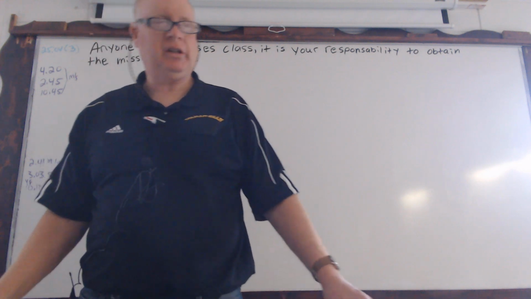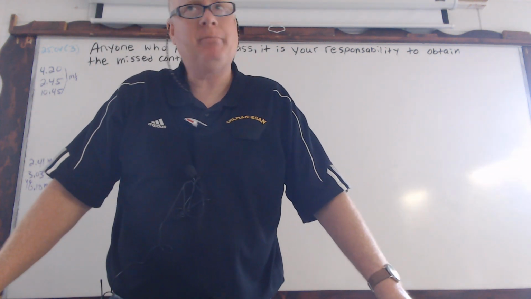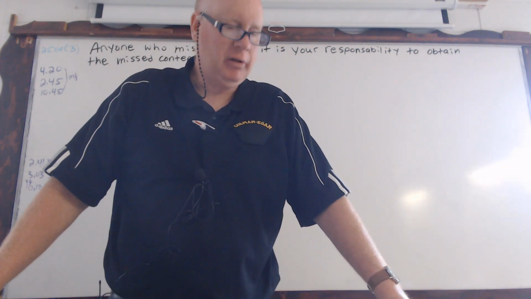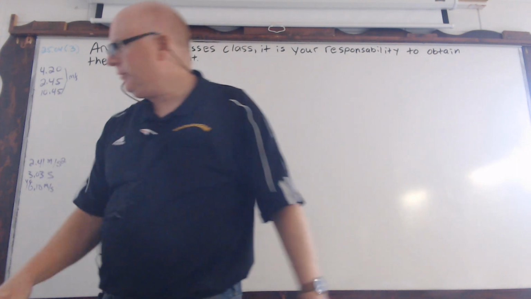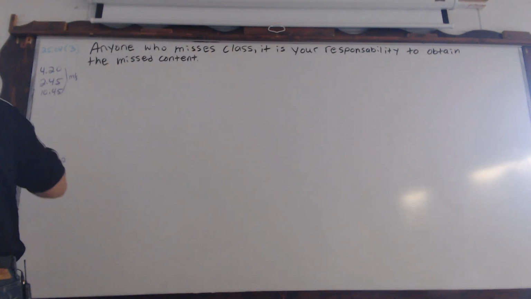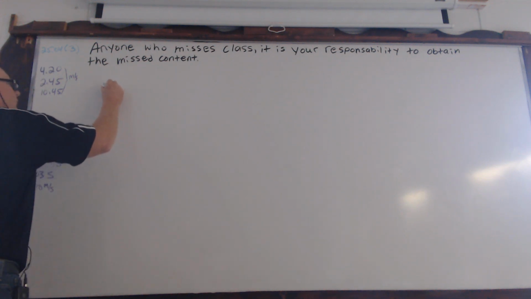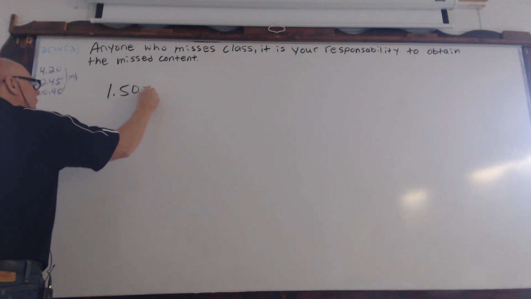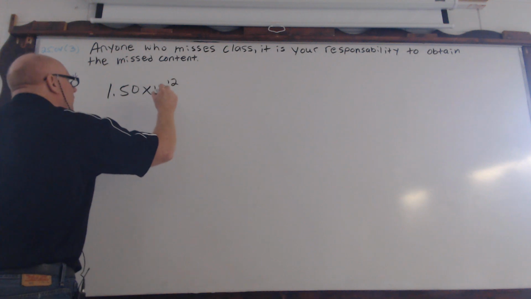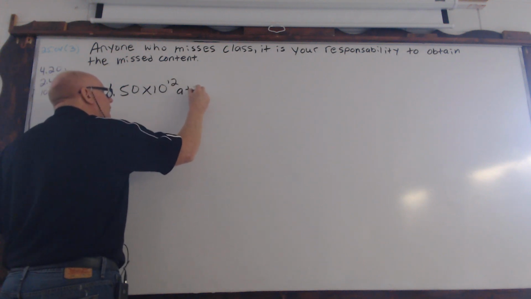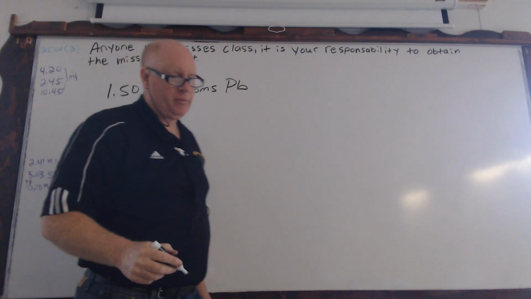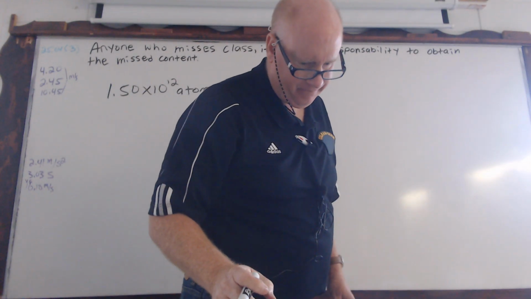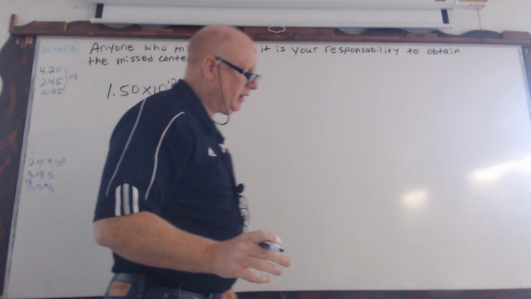So when you hear it explained to you that way, it probably doesn't mean anything until you apply it. Okay? So we've got 1.50 times 10 to the 12th atoms of lead. So we probably want to know how many moles there are.